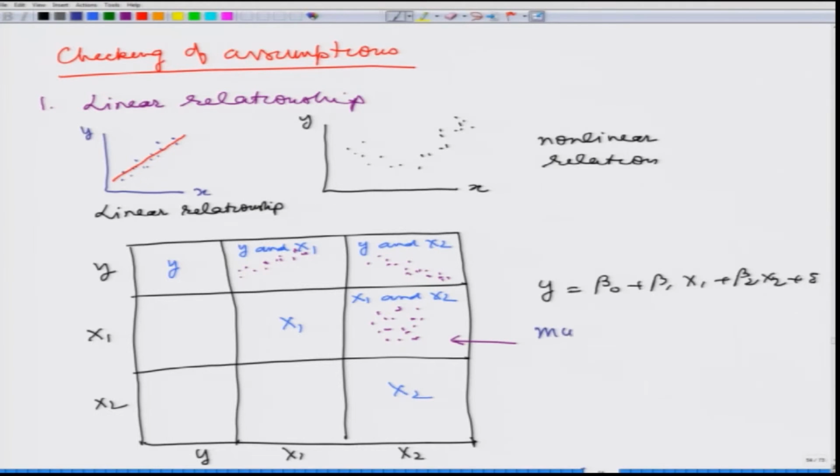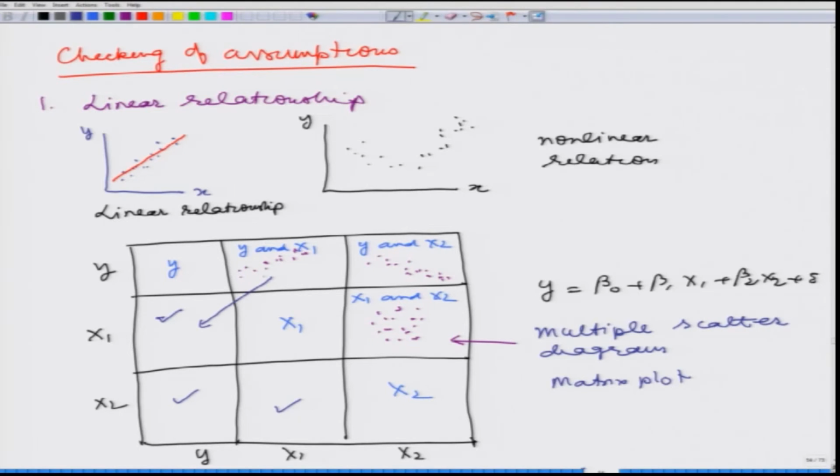So this is essentially a multiple scatter diagram, and sometimes this is also called a matrix plot, right. Now what about this one, this one, and this one? We can see that this is a symmetric diagram. Symmetric means that whatever is the relationship between y and x1 is going to be the same relationship between x1 and y.